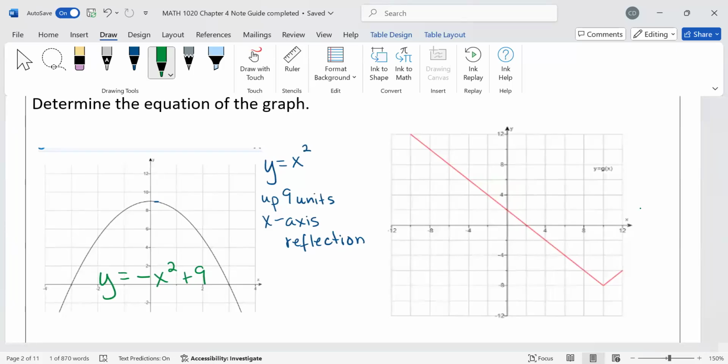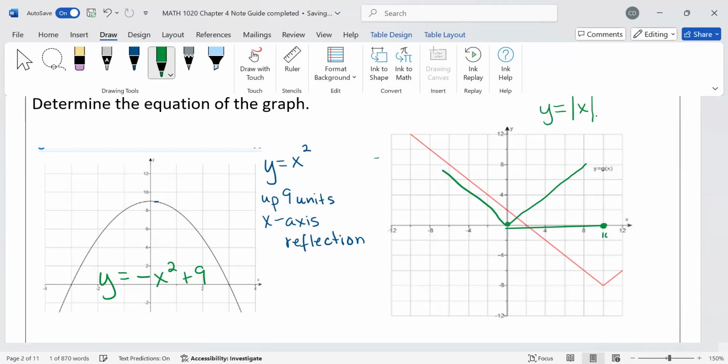All right, so the general shape here is a V shape. Okay, so the original is the absolute value of x, has a V shape. So originally it's centered right here at the origin. So we went right.